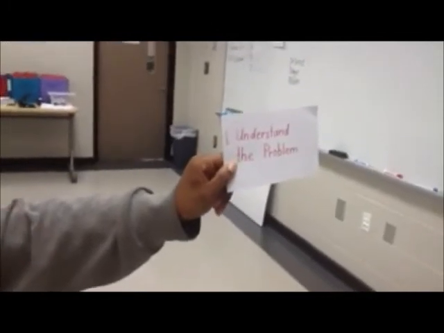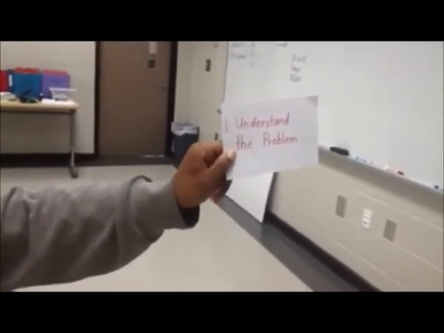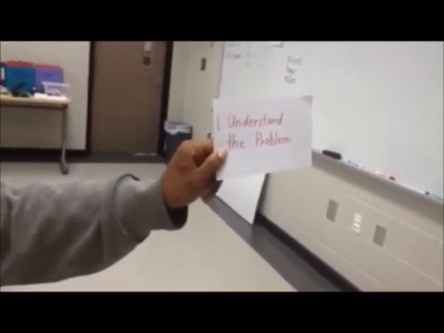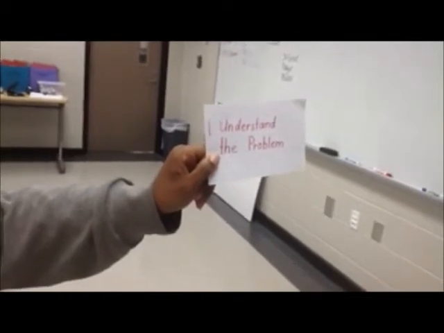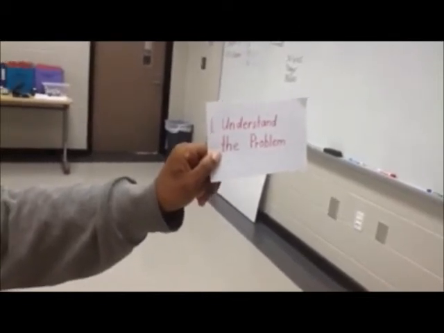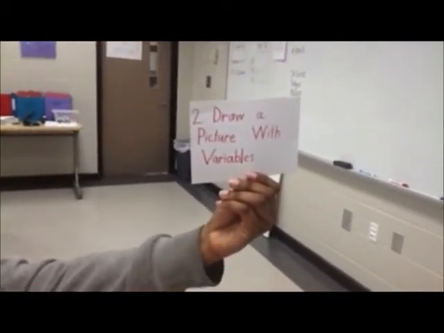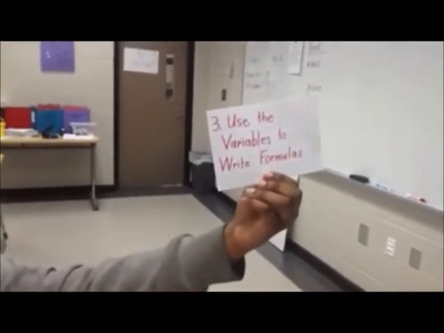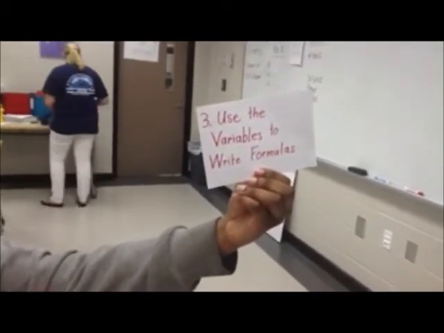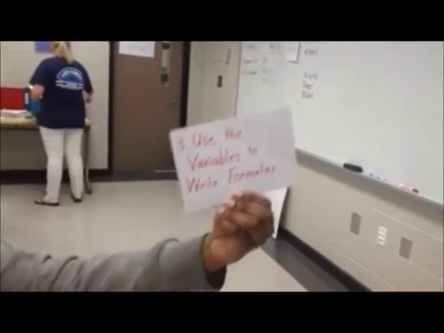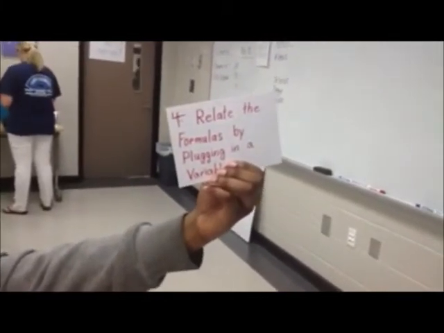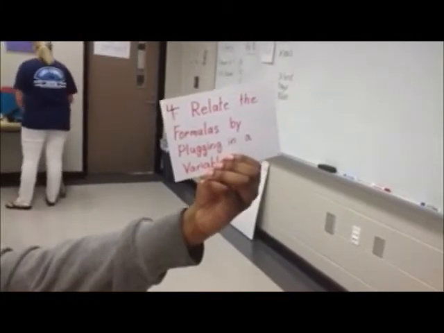Alright, one more time, let's review the steps necessary to solve an optimization problem. Number 1, understand the problem. Number 2, draw a picture with variables. Number 3, use the variables to write formulas. Number 4, relate the formulas by plugging in a variable.